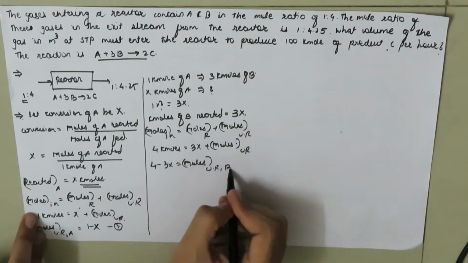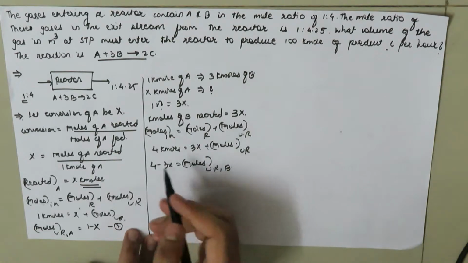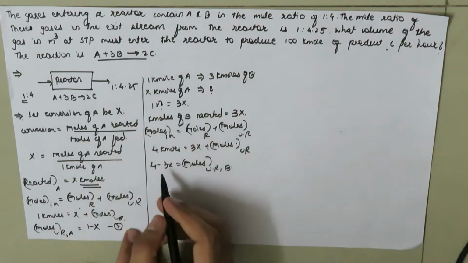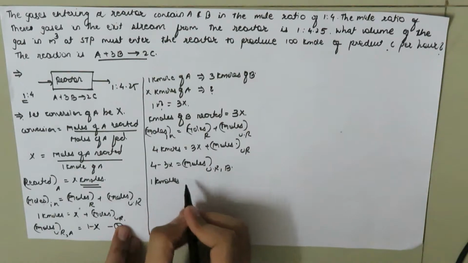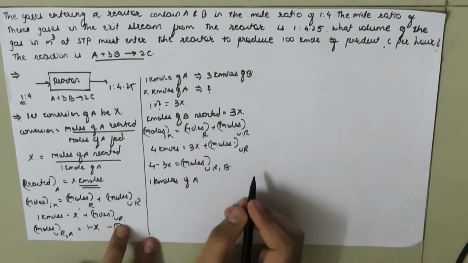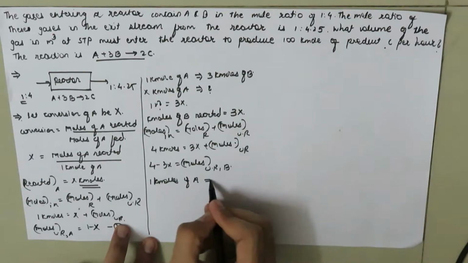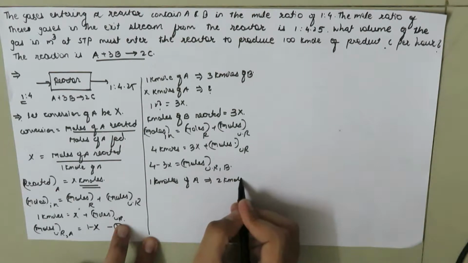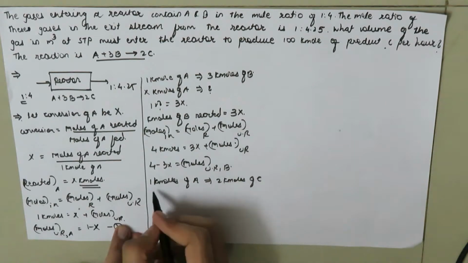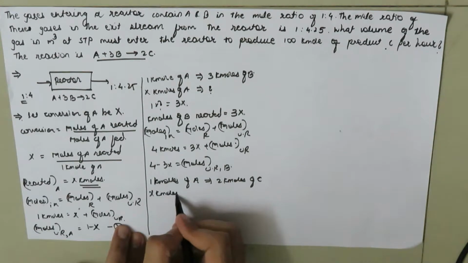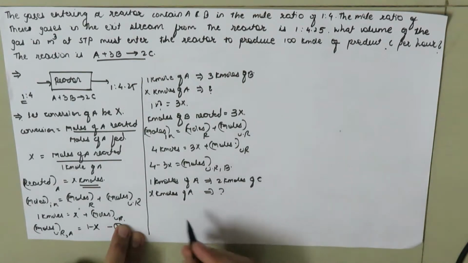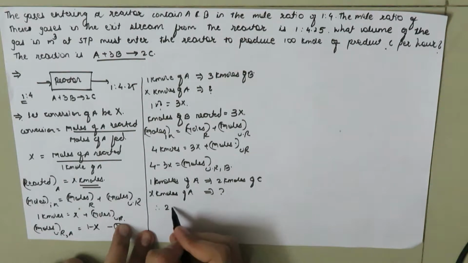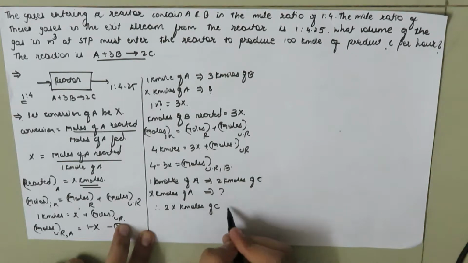And now from this reaction we can say that when 1 kilomole of A is reacted, we get 2 kilomoles of C. So when X kilomoles of A react, how many kilomoles of C will be formed? So 2 times X kilomoles of C will be formed.